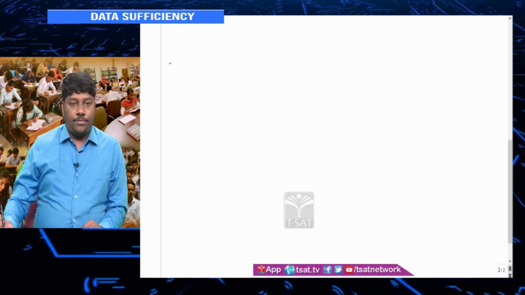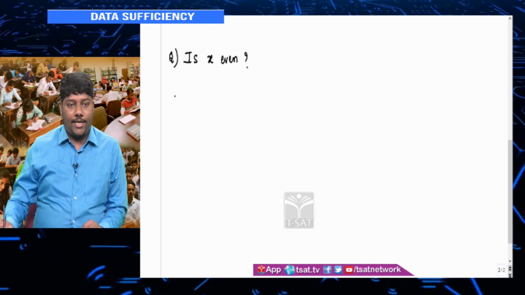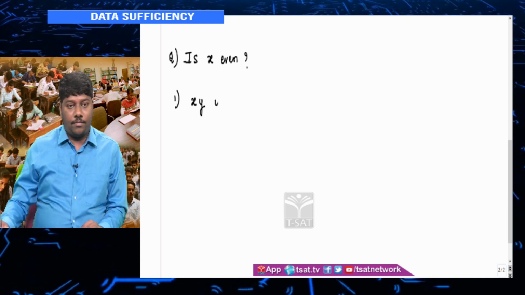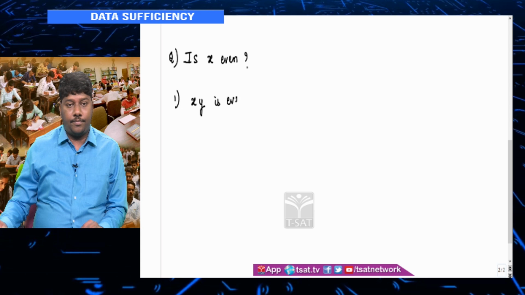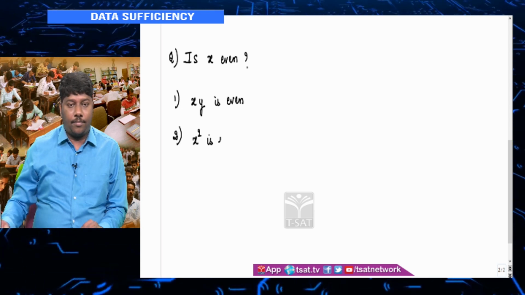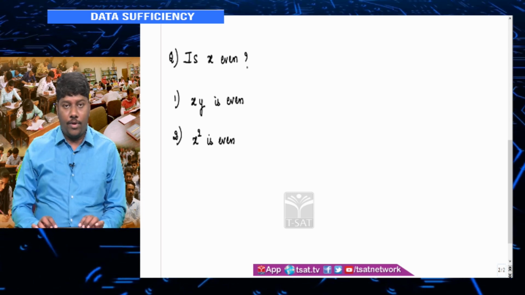If I ask you a question, is X even? That is the question. Now I can say statement 1, X into Y is even. Statement 2, X square is even. See here, I am asking you, is X even?